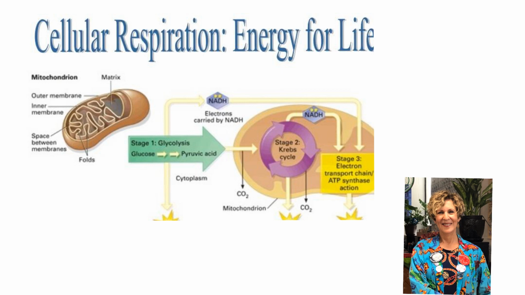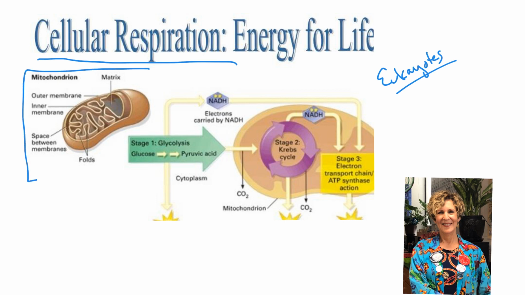All right, so when we talk about cellular respiration, we are talking about organisms that are eukaryotic, organisms that have a nucleus and have organelles. We are talking about a 3-part chemical reaction, and we're talking about something that happens in the mitochondria. So remember when you were baby freshmen and you learned that the mitochondria was the powerhouse of the cell, right?